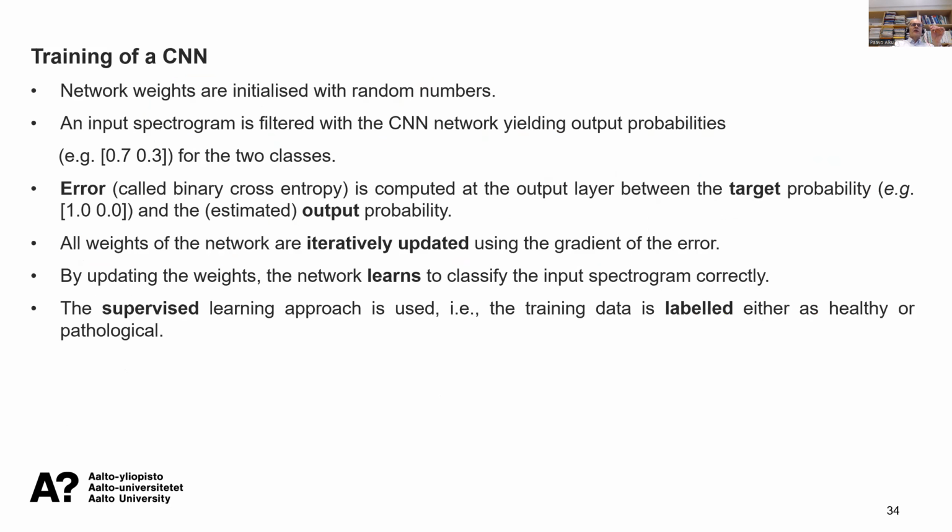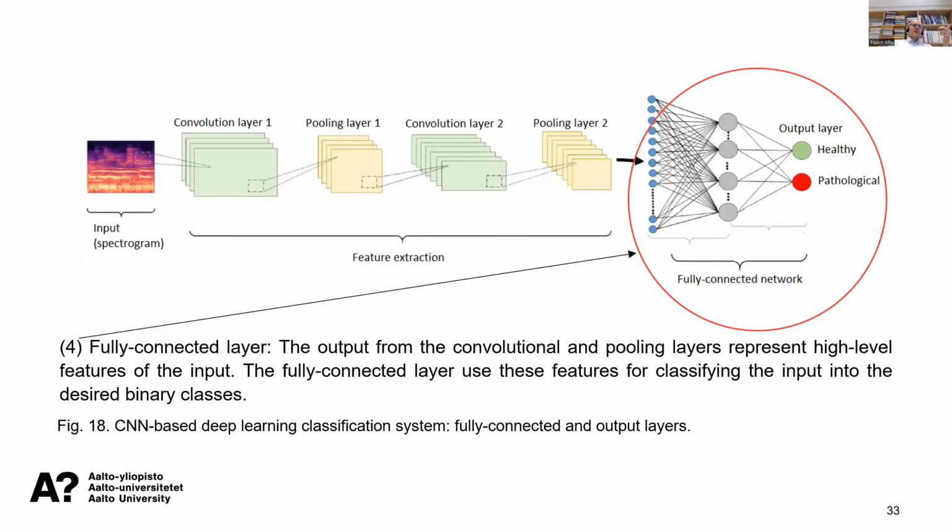Okay, and the whole thing happens in such a manner that we start with random values of those parameters, for instance. The network has huge amounts of parameters, and luckily we have access to labeled data. That means we have a whole lot of different speech signals, and somebody has labeled this is healthy, this is pathological.